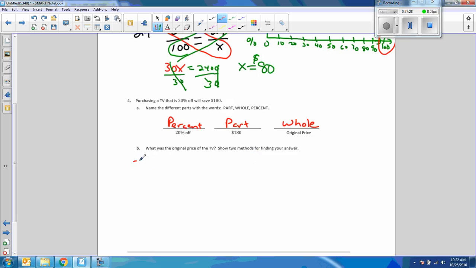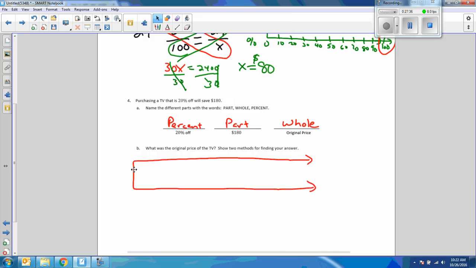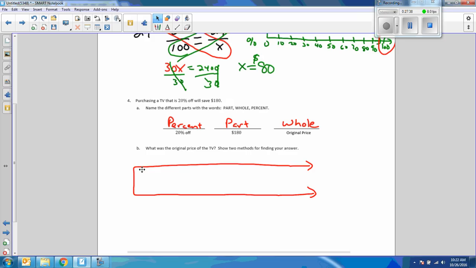Okay, so let's do the diagram first. All right, so I'll put percent up here and 0%. And then across the bottom, what are we trying to figure out?